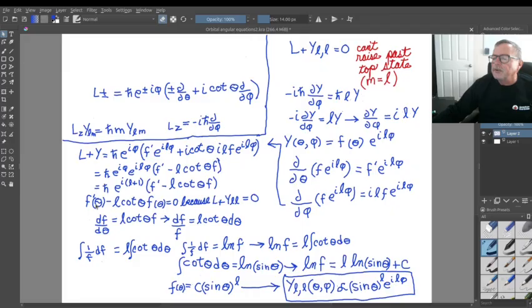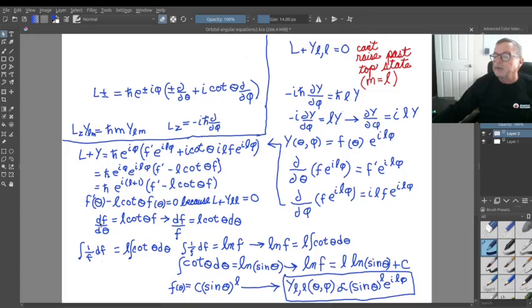The first derivative of f with respect to theta minus L cotangent theta f, in other words, I just take these two, and that would be 0, and that's what has to happen because this thing won't go to 0, but this thing is forced to become 0. So let's proceed on here a little bit.